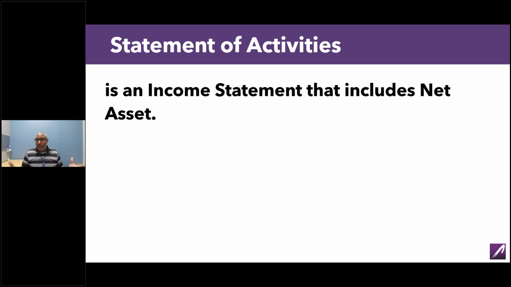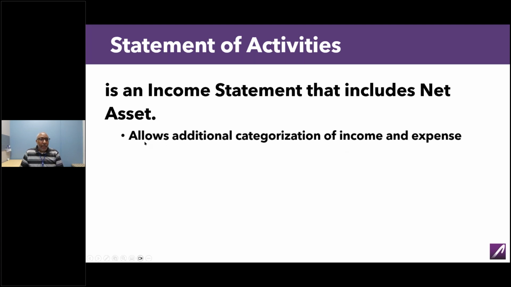Lots of the world just says, hey, it's the income statement, like this represents the income statement, even though it also has expenses on it. But when you're talking about the statement of activities, it has income and expenses, but it also includes net assets as well. So this report allows additional categorization of income and expense accounts.